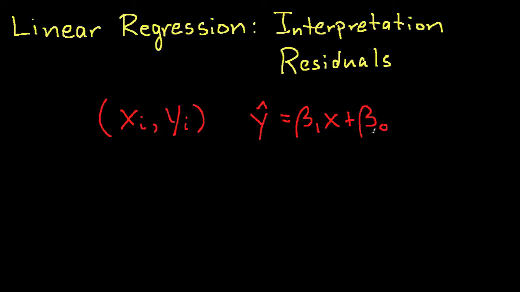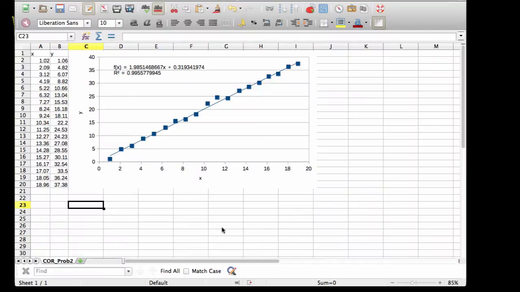Here's an example. From this data set, I've created a scatter plot and fitted a line to it, which gives me a linear regression model. From this I can see that beta 1 is 1.985 and beta 0 is 0.319.